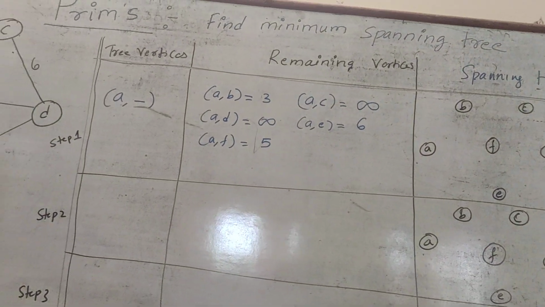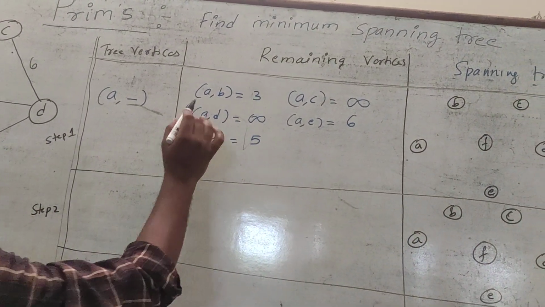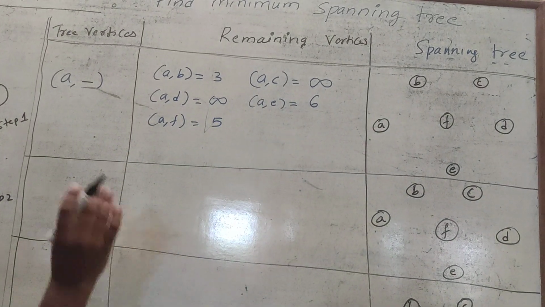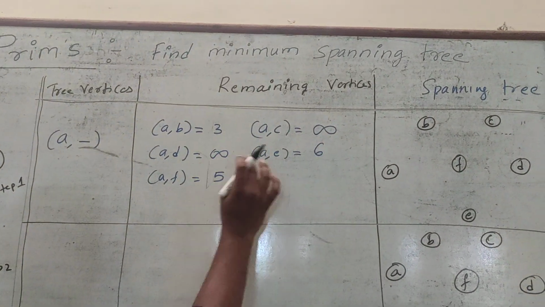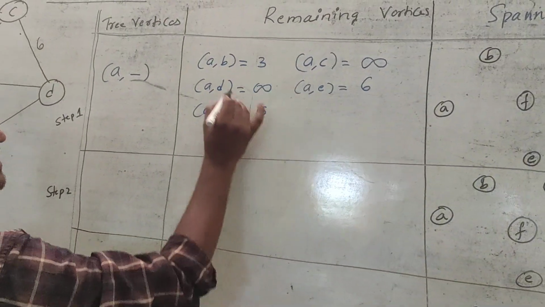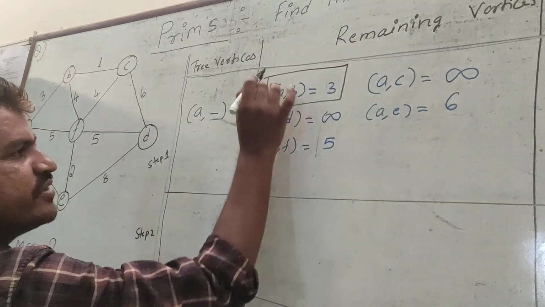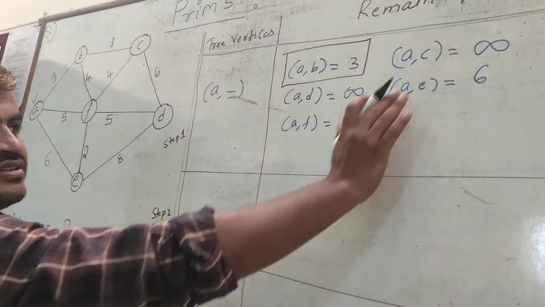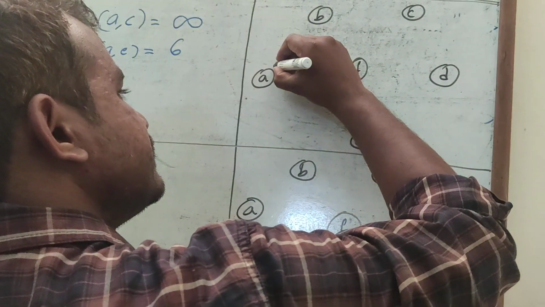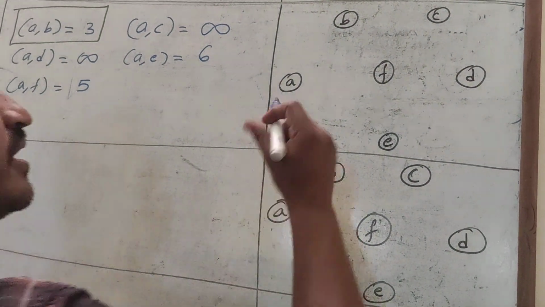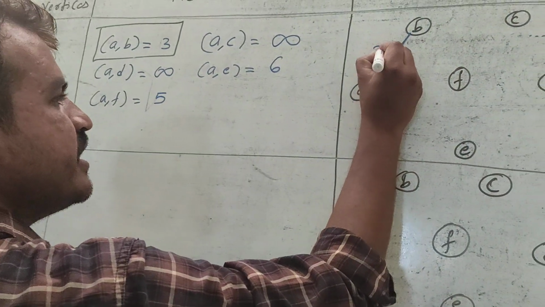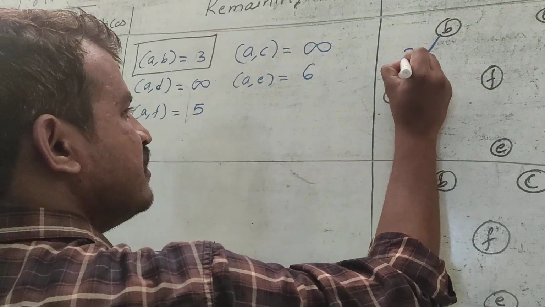In this initial step, there are 5 edges. Among these 5 edges, which is the least? We have 3, infinity, 6 and 5. The least edge is 3. The value 3 is the least among the given edges. Then A to B has to be connected, and you have to write that edge value, 3.